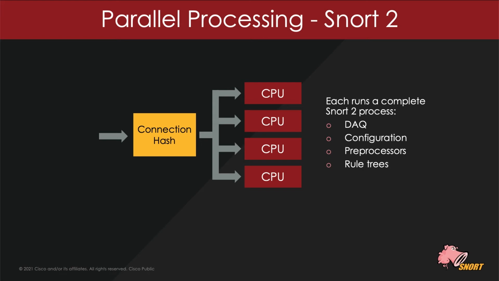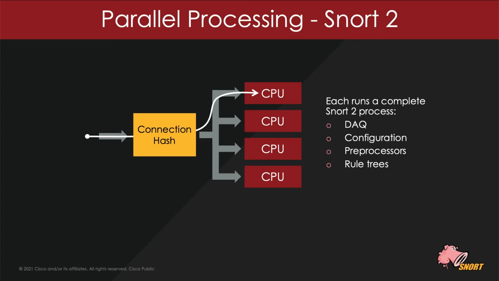In the yellow box, we have a connection hashing application or algorithm that's not actually part of Snort, but it's required if you want to do this. It takes connections as they come in and hashes them. In the case of the Firepower system, now called the Secure Firewall from Cisco, it does a 6-tuple hash based on source and destination IP, source and destination port, protocol, and VLAN.